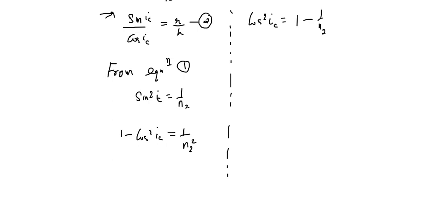So cos IC must be equal to root over 1 minus 1 by N2 square.